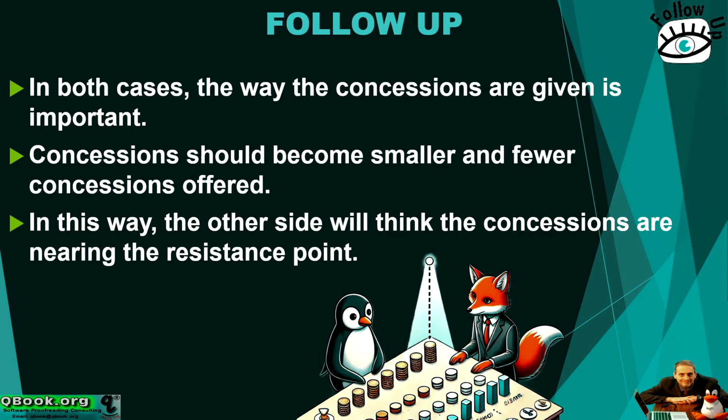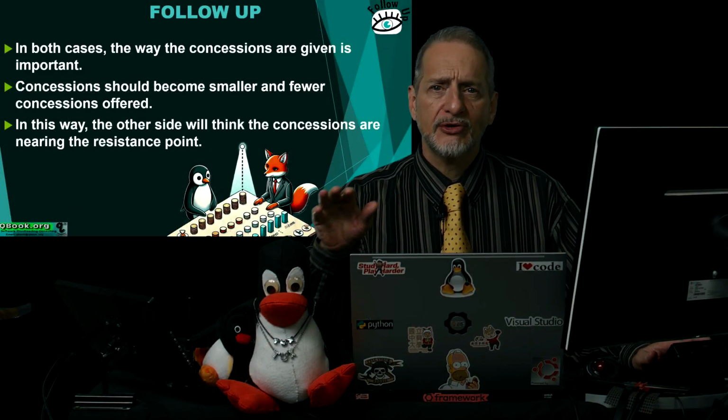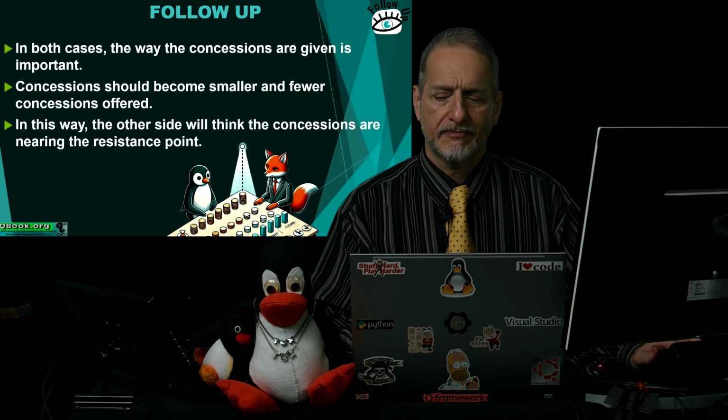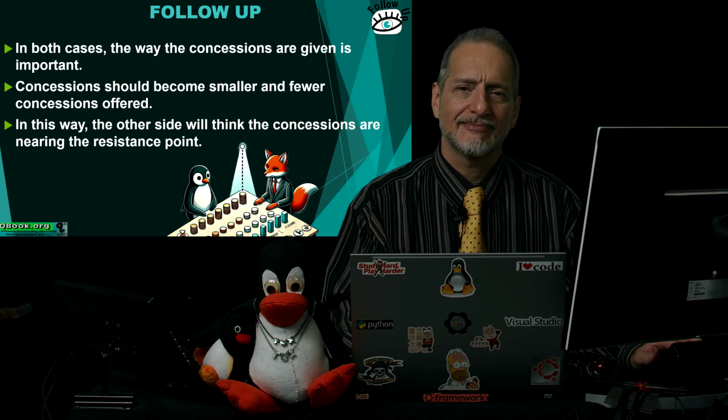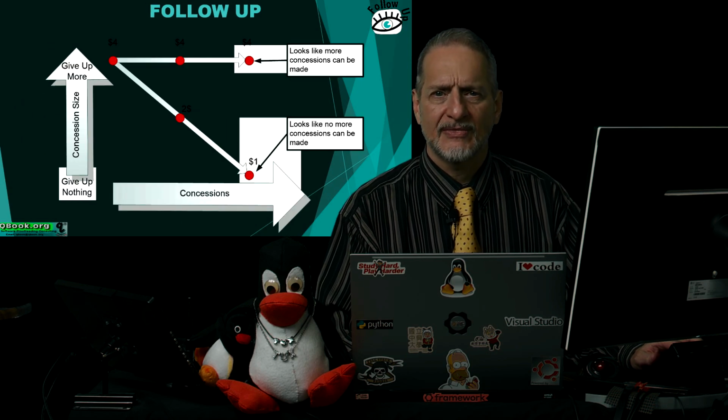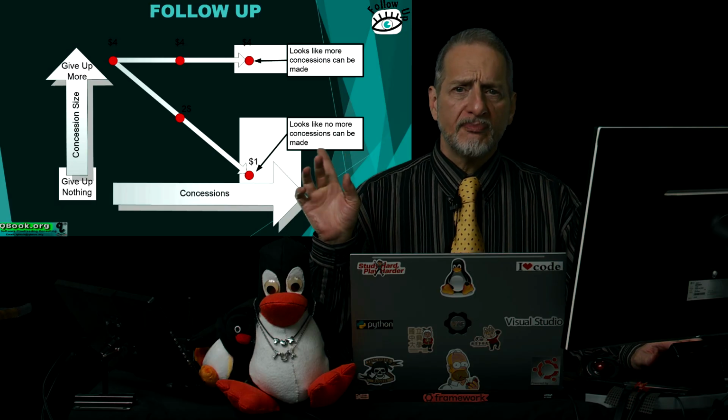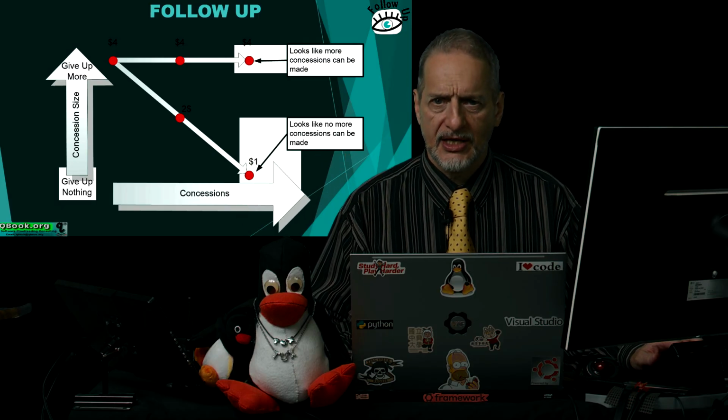Tough or friendly, both should make concessions smaller and smaller. In this way, the other side will think the concessions are nearing the resistance point. This figure makes it easy to understand.